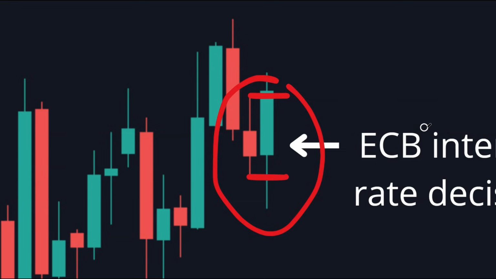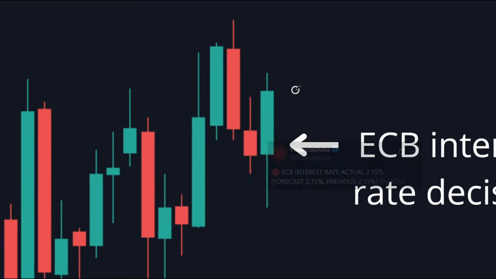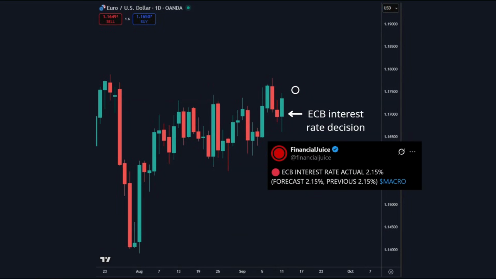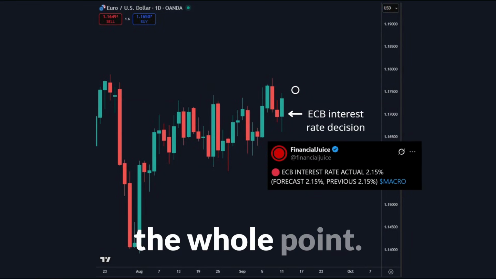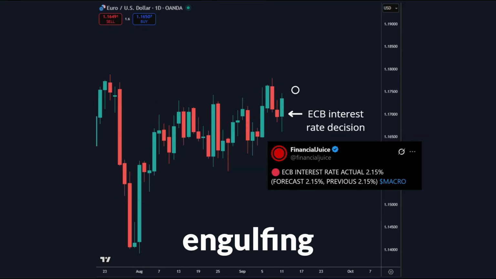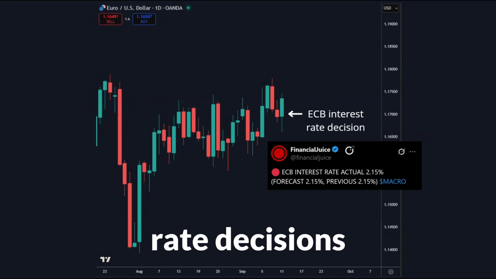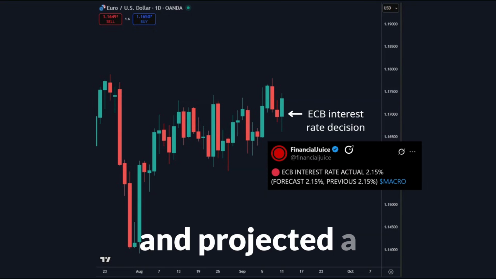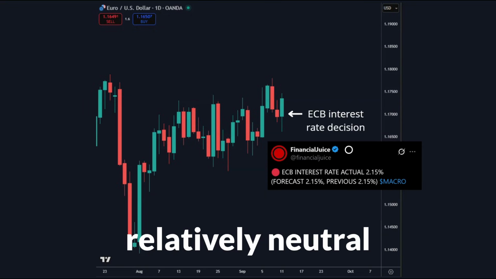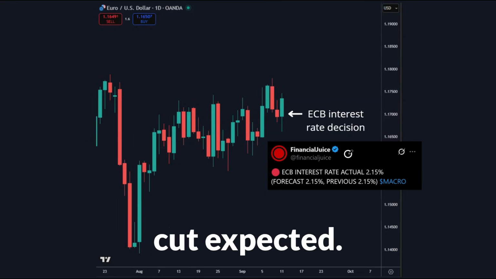The exact engulfing candle that I've explained to you. So we're looking at a bullish engulfing, yes, but, and this is the whole point, it's not a random engulfing. On this day, the European Central Bank held interest rates and projected relatively neutral forward guidance with no further cuts expected.